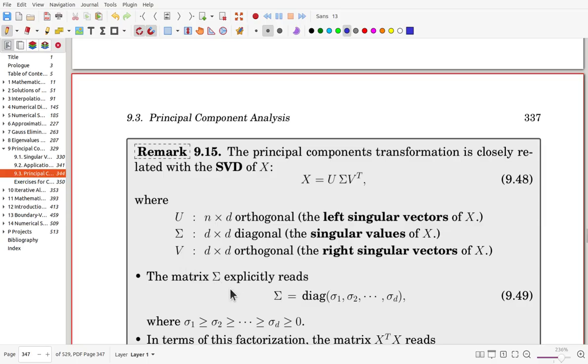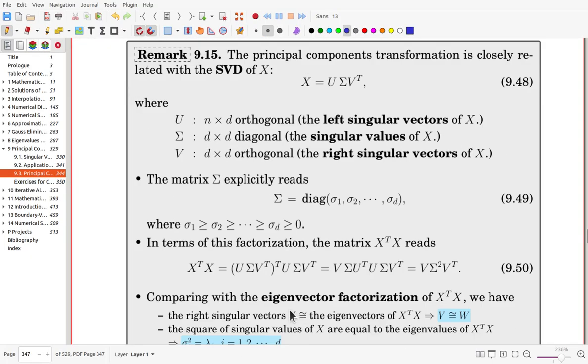Of course, sigma is written explicitly as the diagonal matrix of sigma 1 to sigma d, in decreasing order. Now, with that singular value decomposition, if we form X transpose X, then we have U transpose U, which must be identity, and sigma squared.